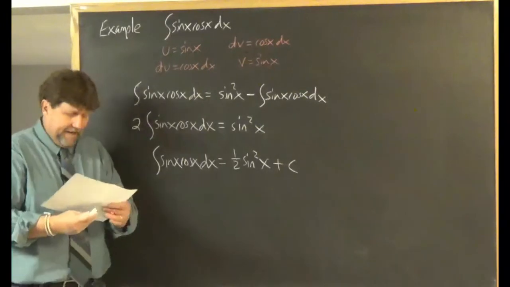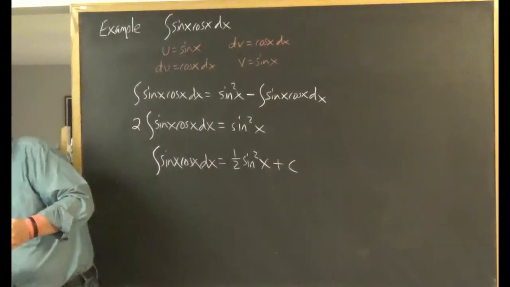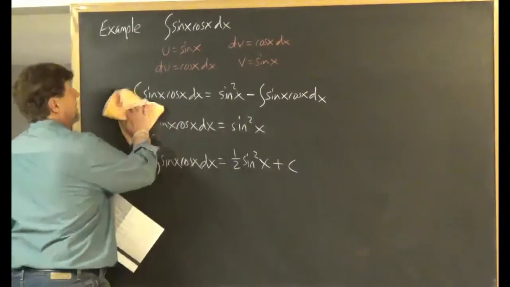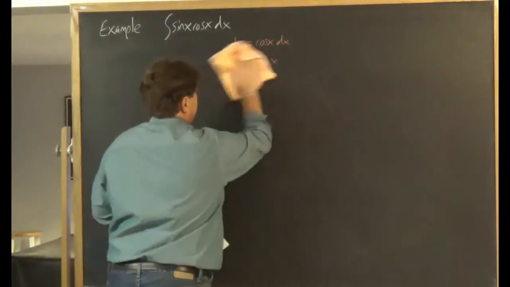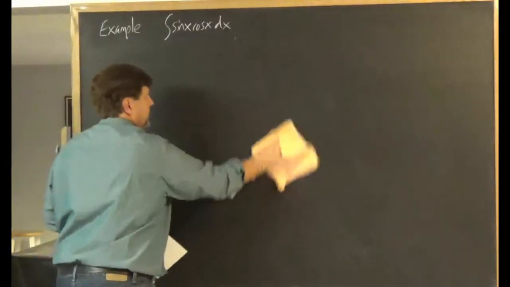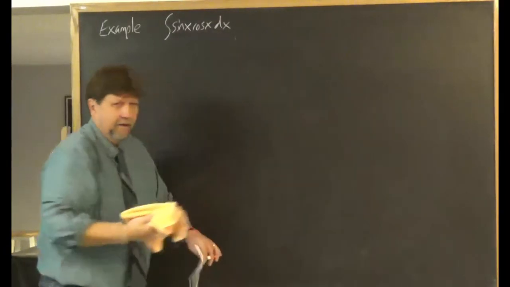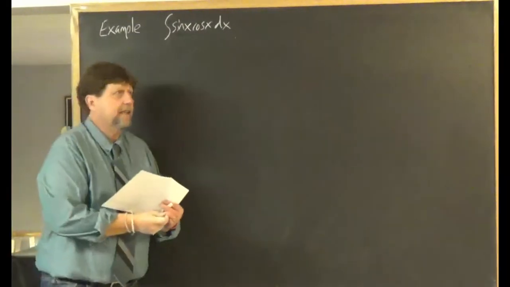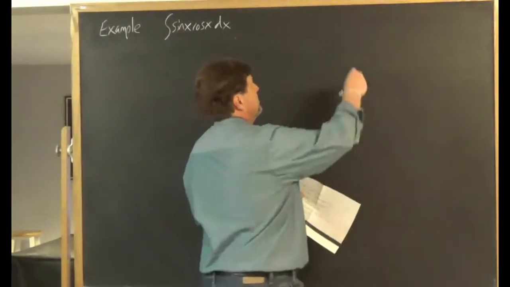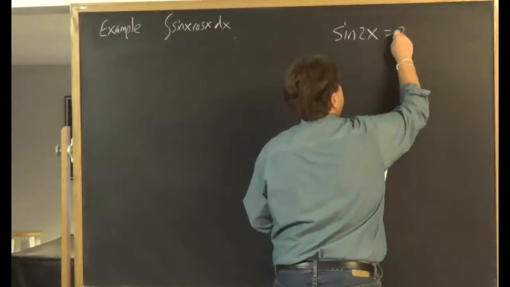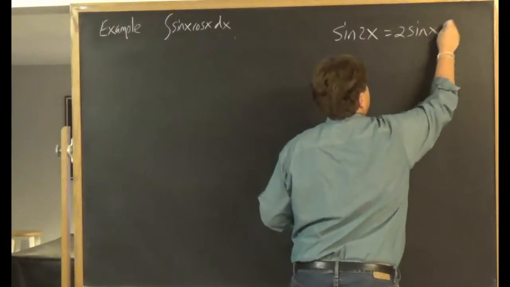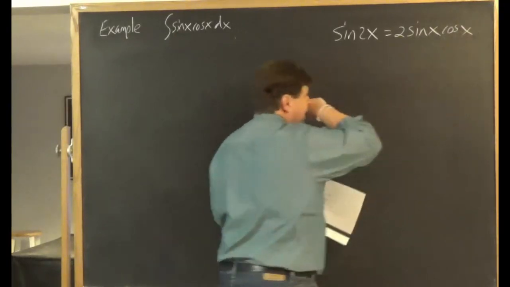In fact, in part D, I said evaluate using a double angle identity. So a double angle identity, it's like, well, wait a minute. I specifically said the double angle identity sine 2x equals 2 sine x cosine x.